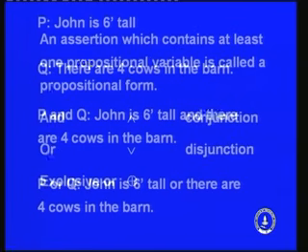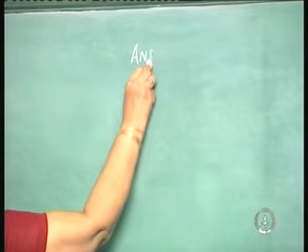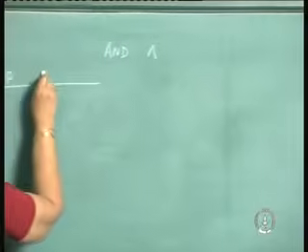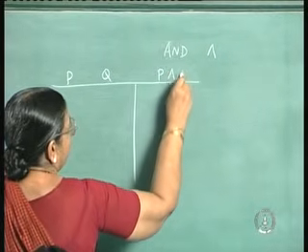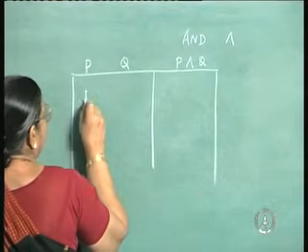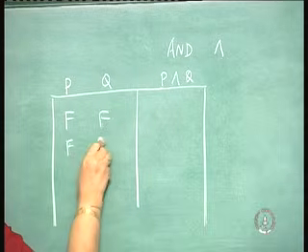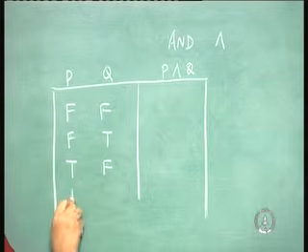So, we have a truth table for them. And is denoted by this symbol and the truth table for that will be P, Q, P and Q. The possibilities are both can be false, or P can be false and Q can be true, P can be true and Q can be false, and both can be true.